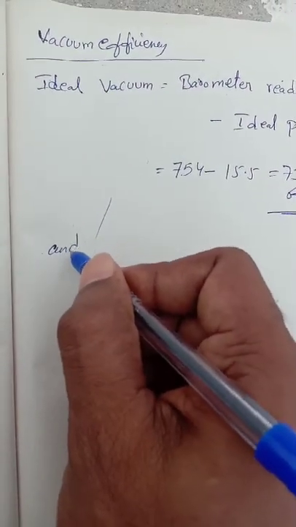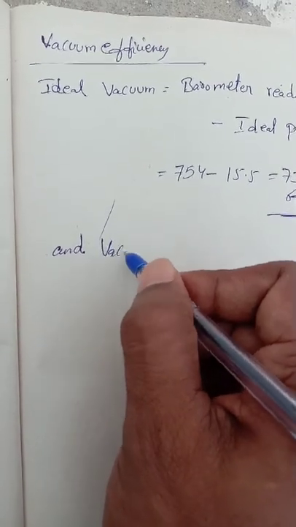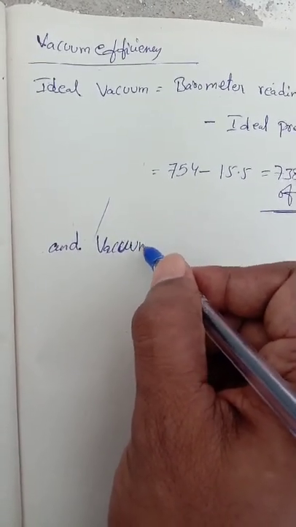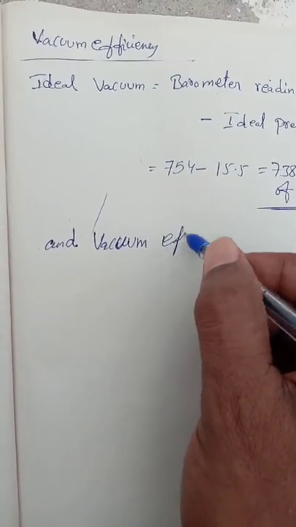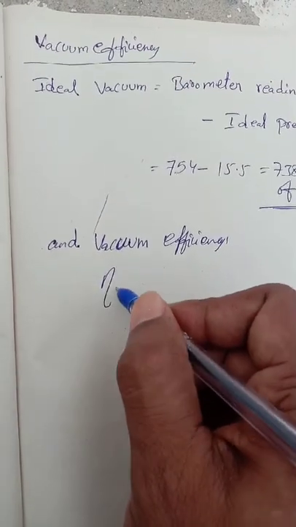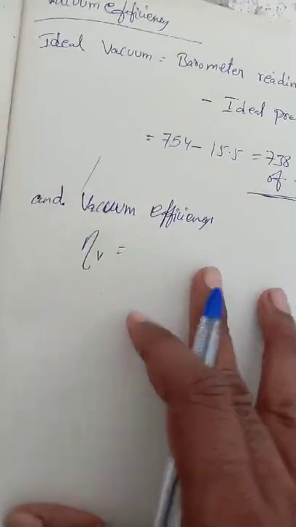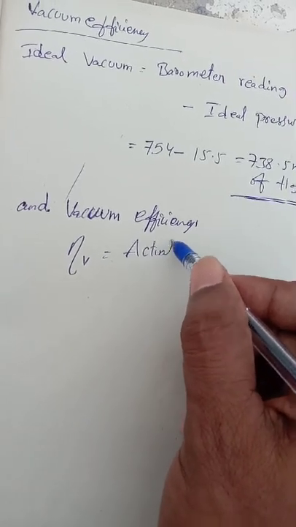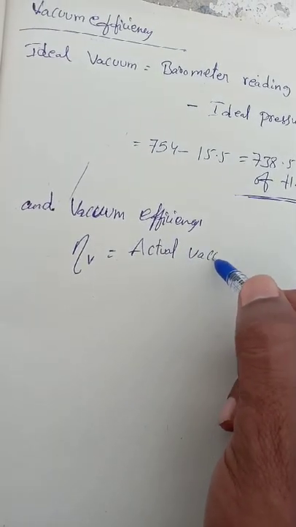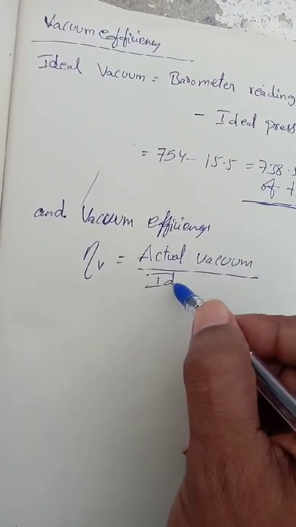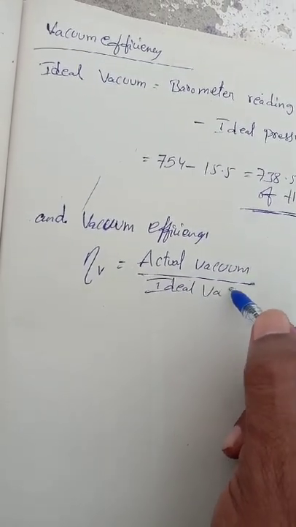The vacuum efficiency is equal to actual vacuum by ideal vacuum.